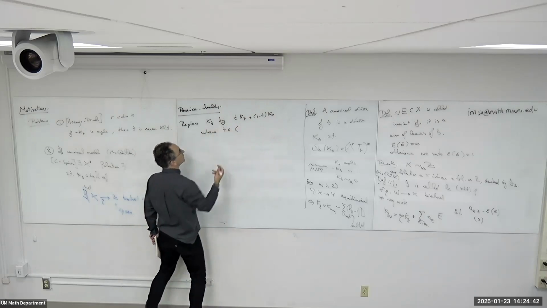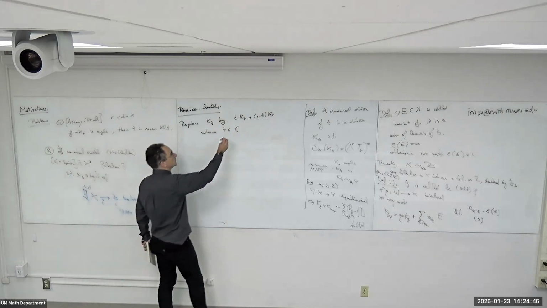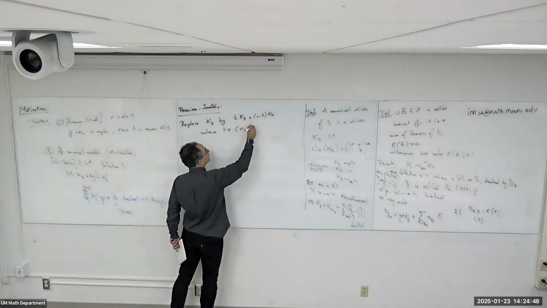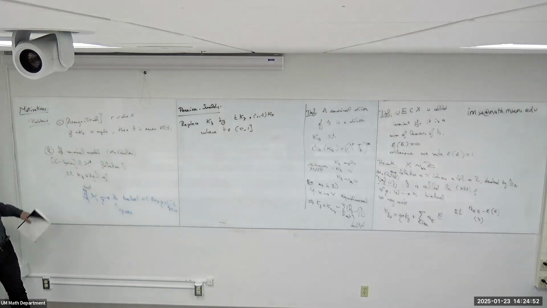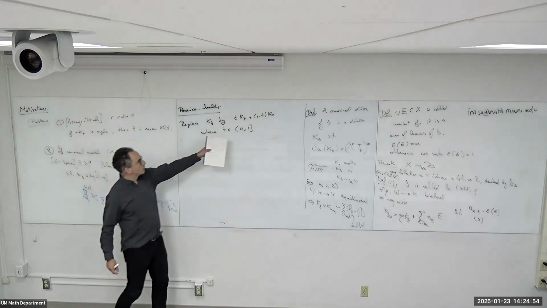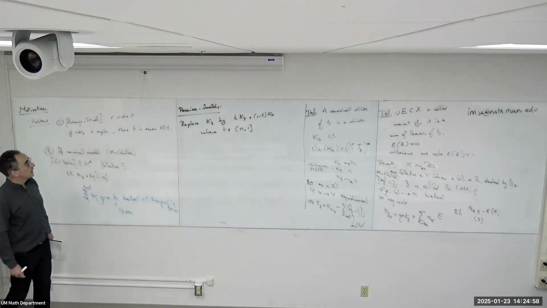Of course I don't choose 0, because if I choose 0 I lose completely the foliation. Sometimes we take 1, sometimes we don't. The idea is that we want t to be arbitrarily close to 1, so that we get as close as possible to K_F.